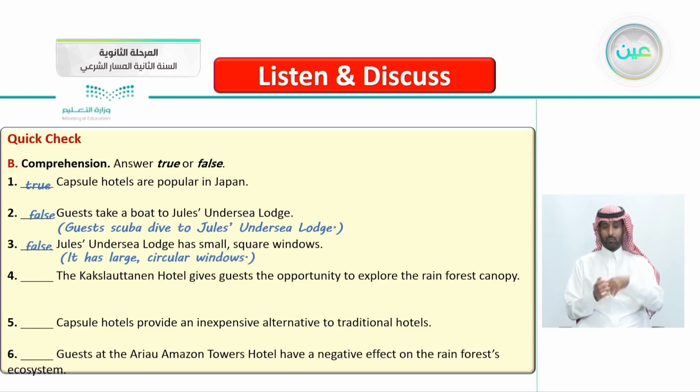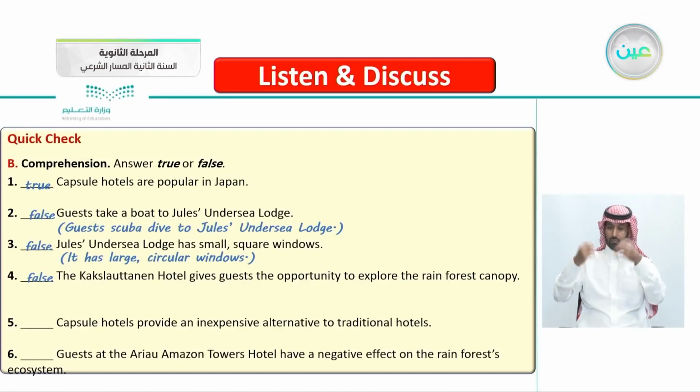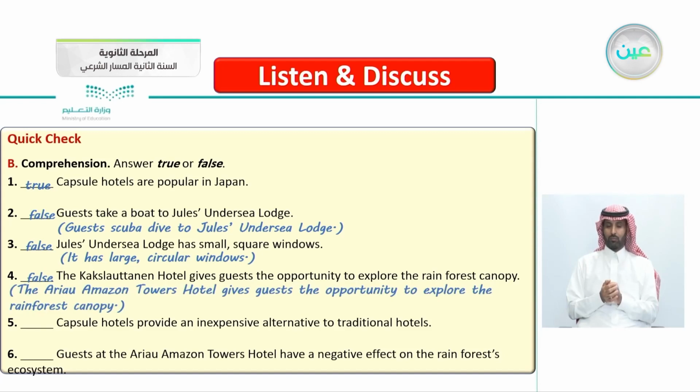Number 4, the Coxswain Hotel gives guests the opportunity to explore the rainforest canopy. The Coxswain Hotel, rainforest. Of course, that's false. So what's the correct answer here? Yes, the Ariao Amazon Tower Hotel gives guests the opportunity to explore the rainforest canopy. Number 5, capsule hotels provide an inexpensive alternative to traditional hotels.